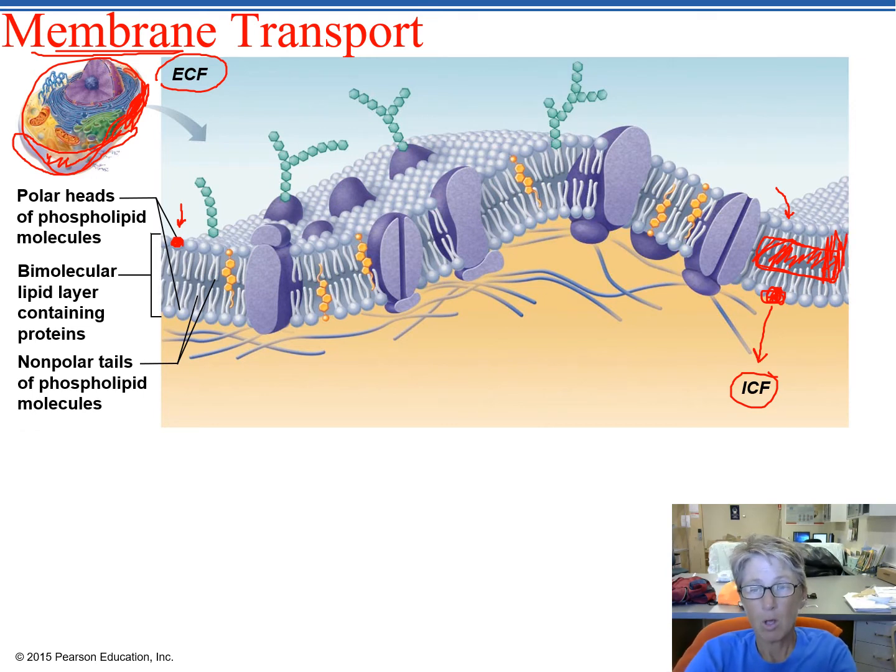Okay, so now we'll talk about transport of things across the phospholipid bilayer. If you are a molecule, let's say out here in the extracellular fluid, or you could say the interstitial fluid, because remember, the extracellular fluid is made of 2 compartments.